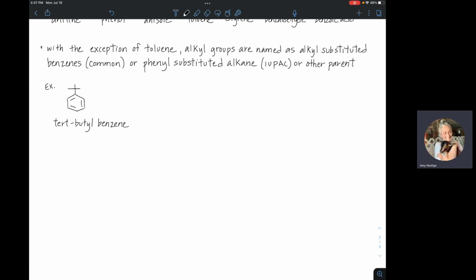Or if I wanted to name it IUPAC style, I have to find my longest continuous chain of carbons, and the phenyl group, or that benzene ring, would become a substituent. So I would have 2-methyl, and you would just name this like you normally would, putting them in alphabetical order, separating the numbers and words with hyphens.